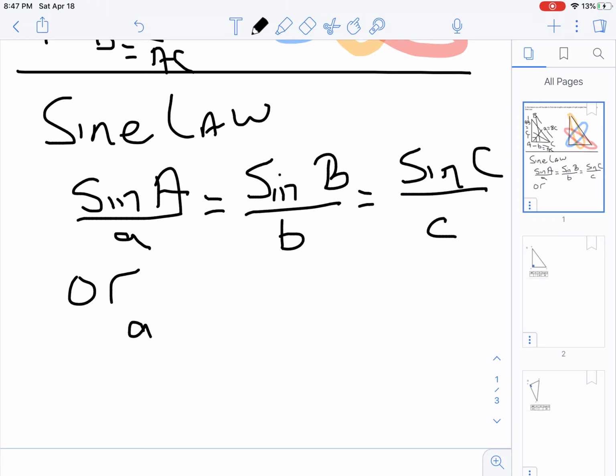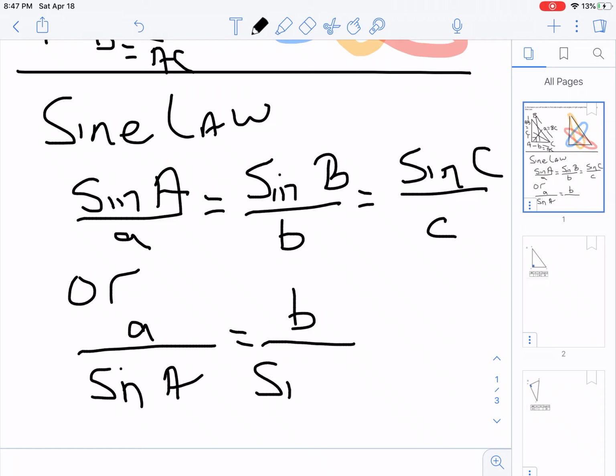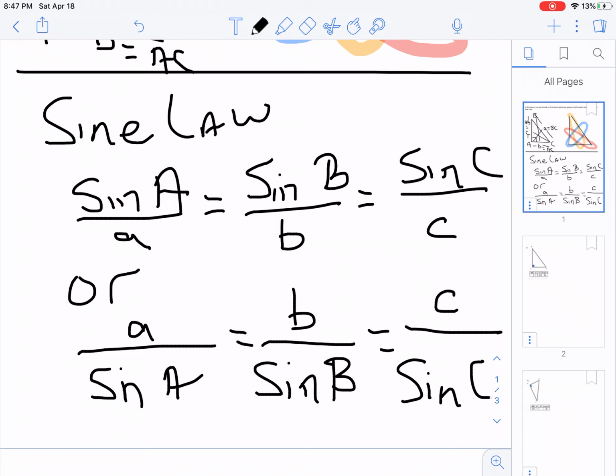We can say a divided by sine A equals side b divided by sine B equals side c divided by sine C. And that's sine law. So it comes easier when we do a couple of examples.